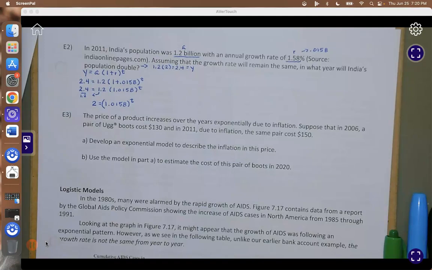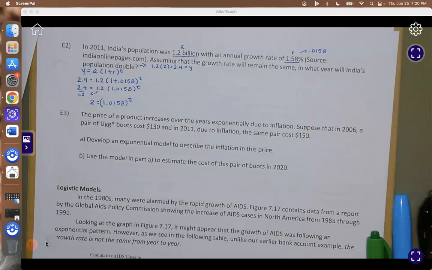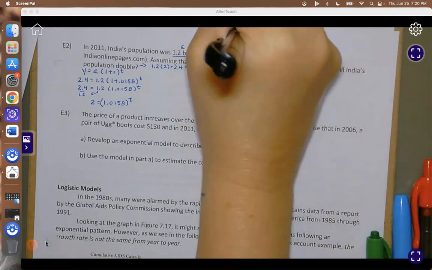Now, this is when we're going to get stuck. Okay, I'm going to write a note up here at the top.